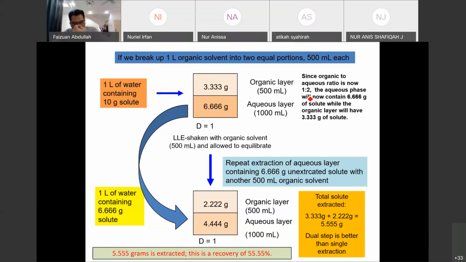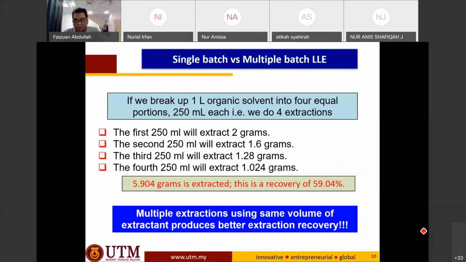So when we do it in dual step, we have a better result. So meaning that the multiple batch will have a better result for the liquid extraction rather than a single batch.